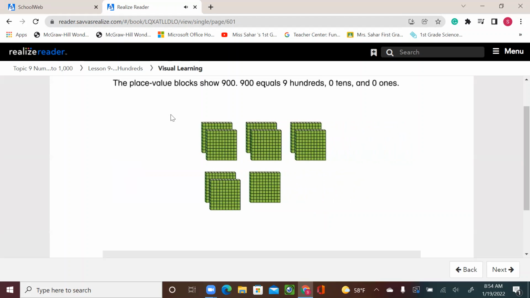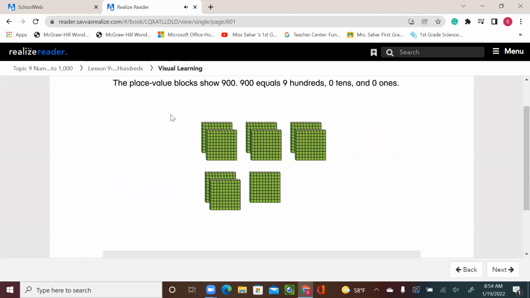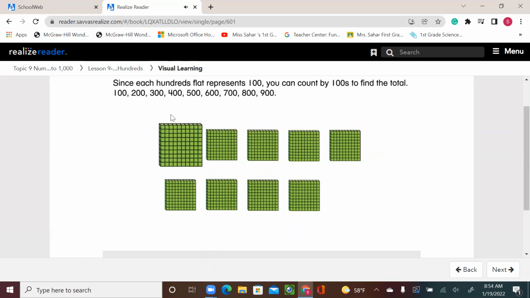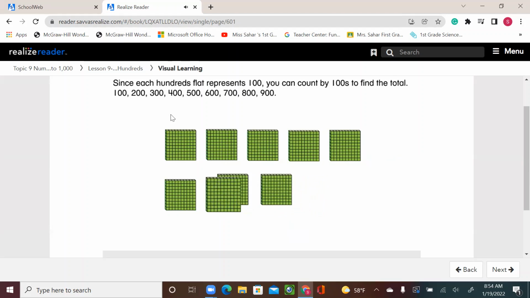The place value blocks show 900. 900 equals 9 hundreds, 0 tens, and 0 ones. Since each hundreds flat represents 100, you can count by 100s to find the total. 100, 200, 300, 400, 500, 600, 700, 800, 900.